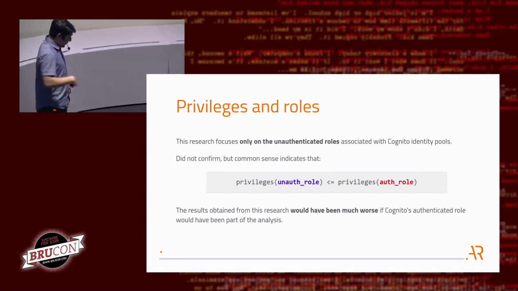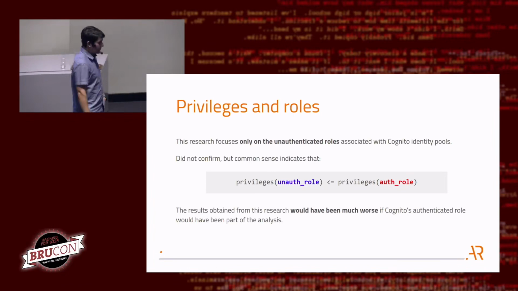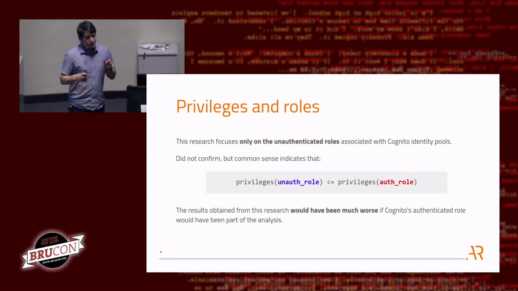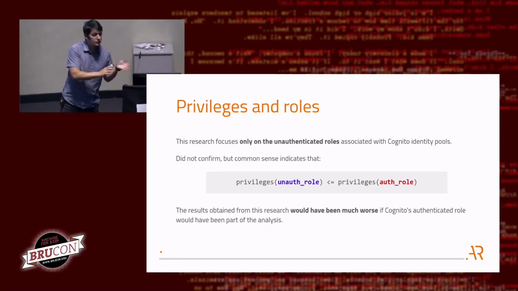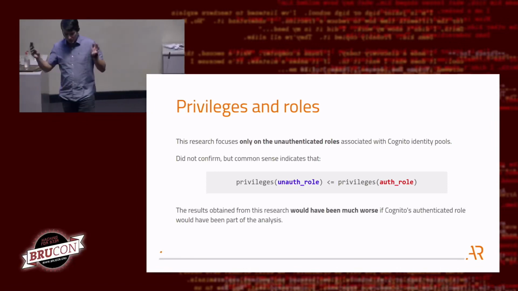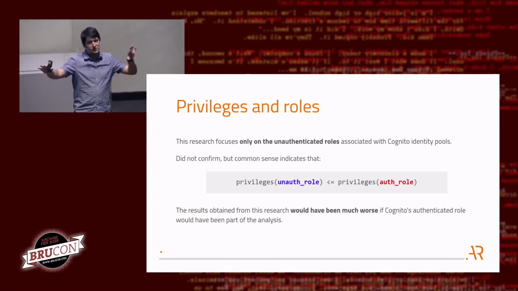So, before we go into the details of what I found, the research that I did only included the unauthenticated roles. Cognito, as I told you before, has two different access types, unauthenticated and authenticated.